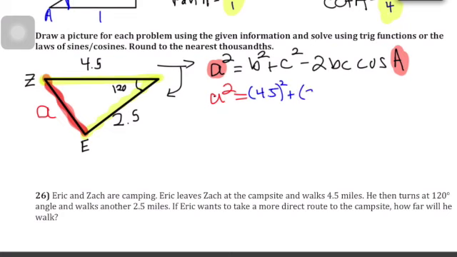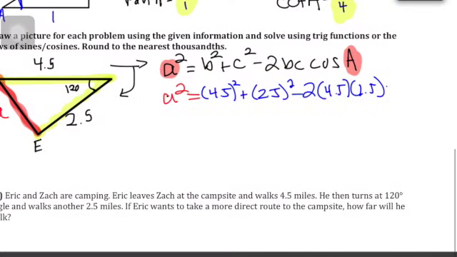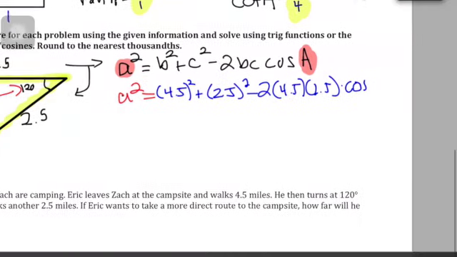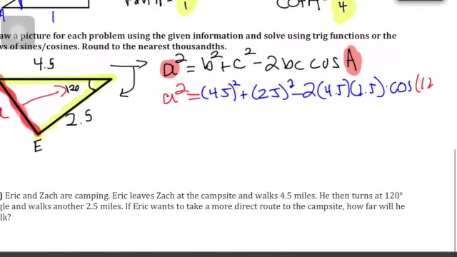Plus C squared, which is my other side length, minus 2 times 4.5, just the other two side lengths, times 2.5, and then times the cosine of whatever my angle is that's opposite of the side I'm trying to solve for. So if I'm trying to solve for side A, it goes with its opposite angle. So I'm going to plug in 120.